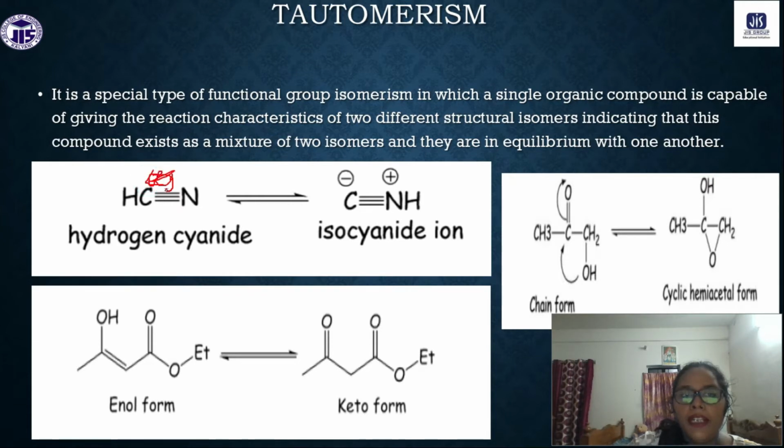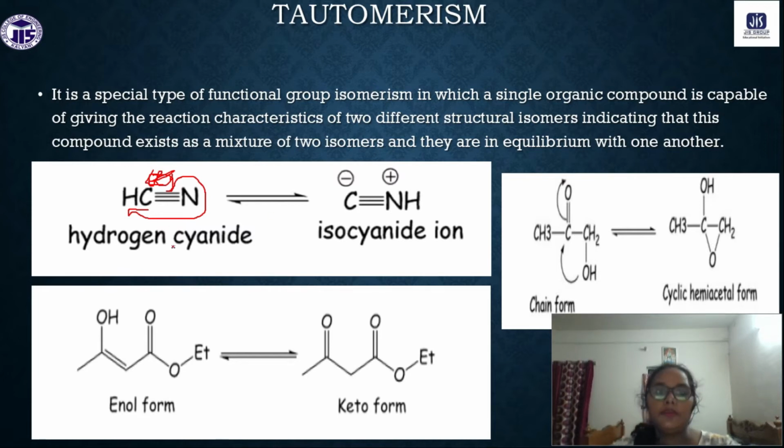What will happen, actually, if I draw it this way, then it will be easier for you to understand. Now nitrogen will abstract this hydrogen with this bond, and then the hydrogen will leave the bond.